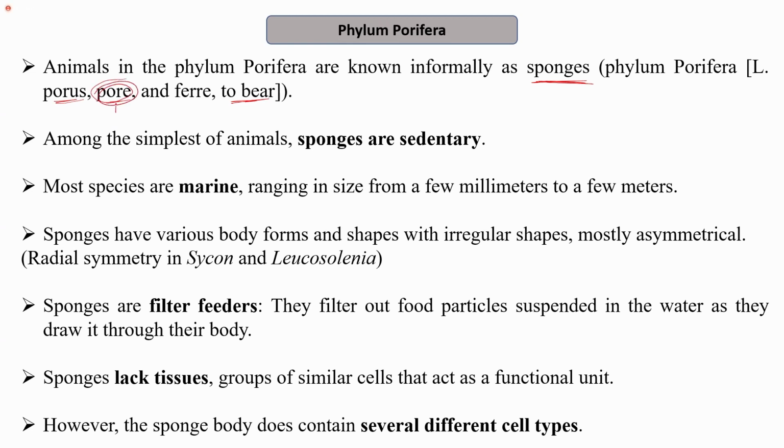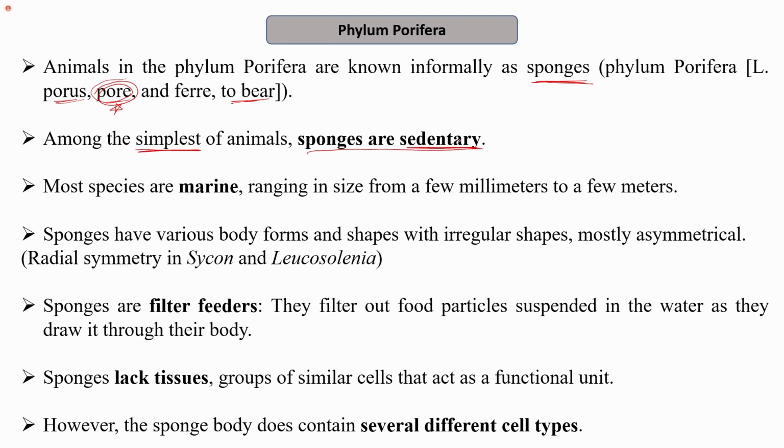These pores play a very important role in the overall functioning of the poriferans as well, which we will see later. This phylum consists of the simplest animals. Sponges are sedentary.